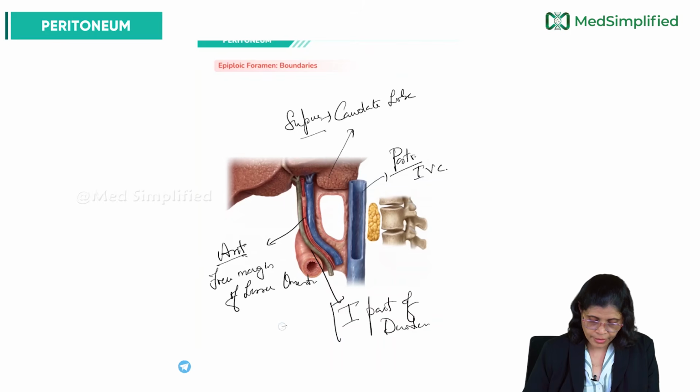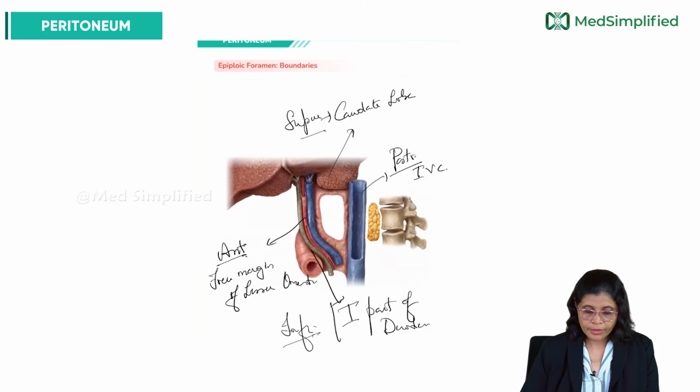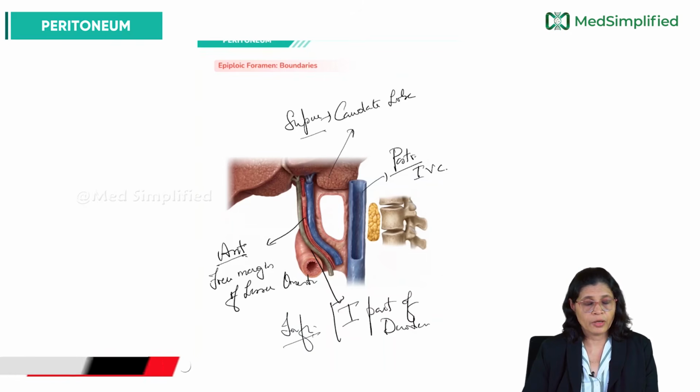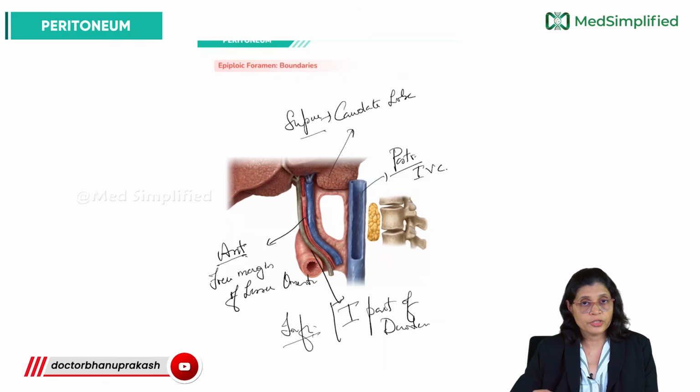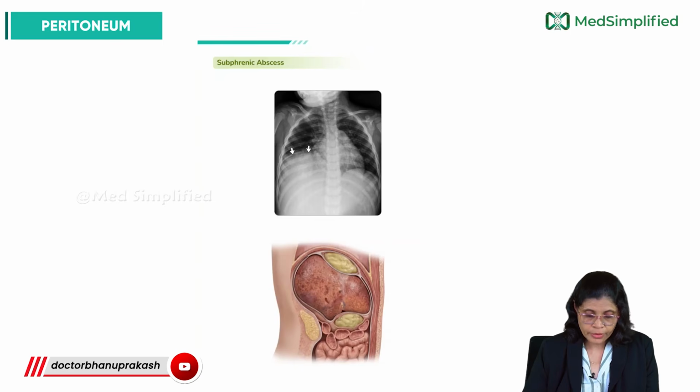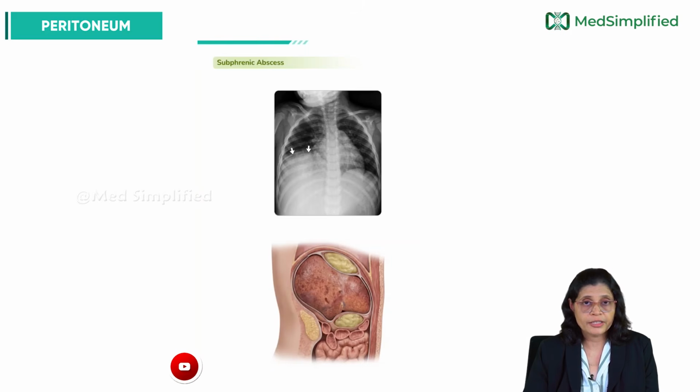So these are all four boundaries of the epiploic foramen: anterior, posterior, superior and inferior.